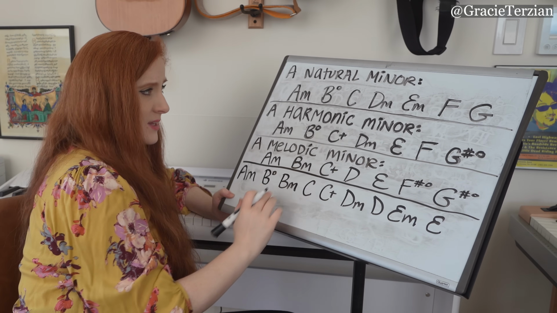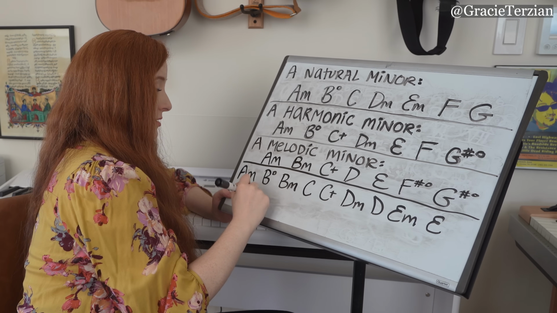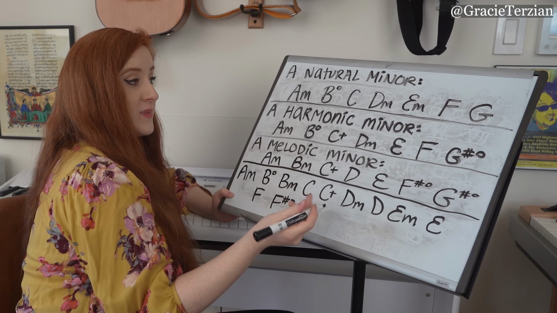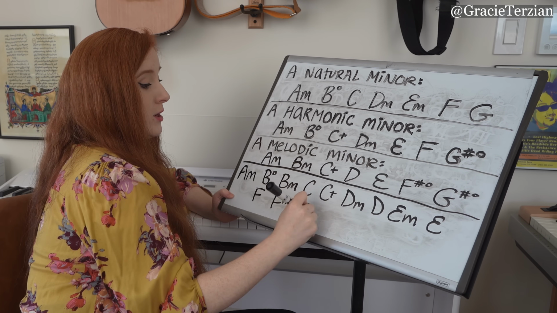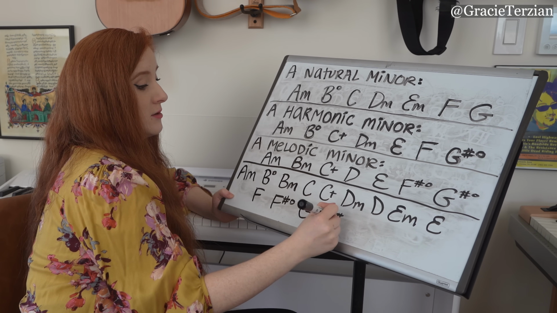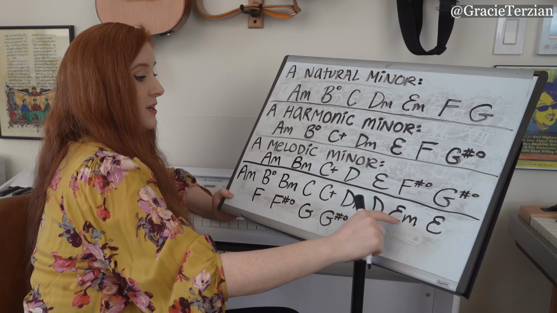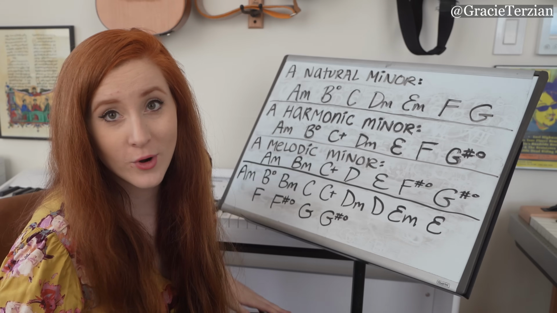Then for the sixth degree, we have F major or F sharp diminished. And then the seventh degree, we have, again, two options, G major or G sharp diminished. And let's count them. 1, 2, 3, 4, 5, 6, 7, 8, 9, 10, 11, 12, 13 different chord options.